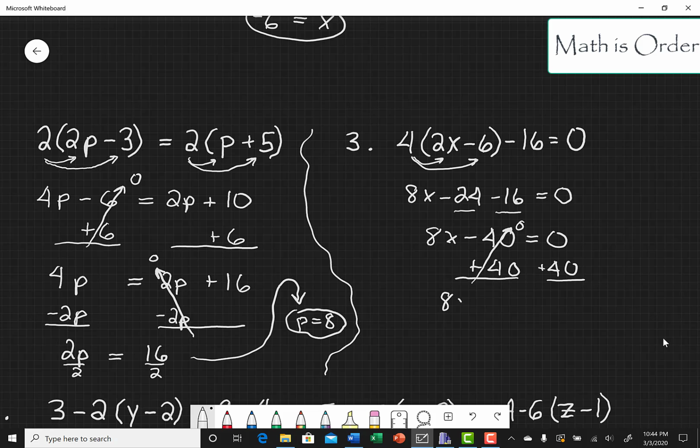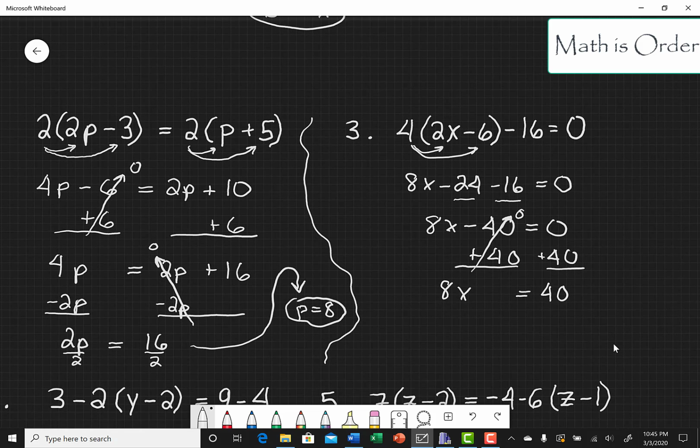This will give us 8x on the left equal to 40 on the right. Now we almost got x by itself. And so you can see that the last thing to do is to divide both sides by 8. So that x is equal to 40 over 8, which is 5.